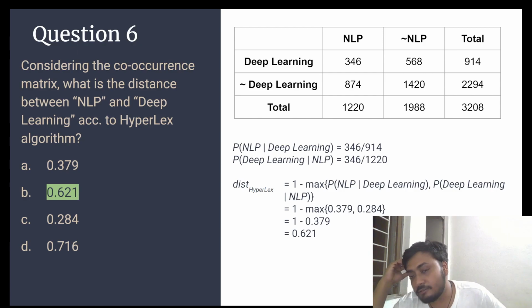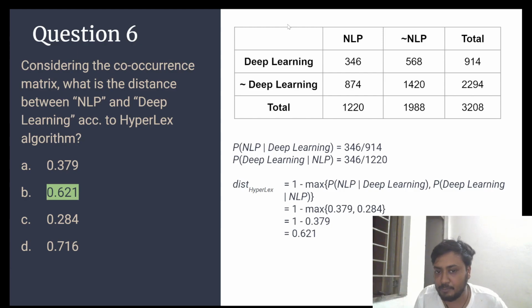So we need to calculate the probabilities of co-occurrence of one term given that the other term is occurring. We need to do this both ways: probability of NLP given deep learning and probability of deep learning given NLP. We know deep learning occurs in a total of 914 instances, and out of them 346 times NLP occurs with it.